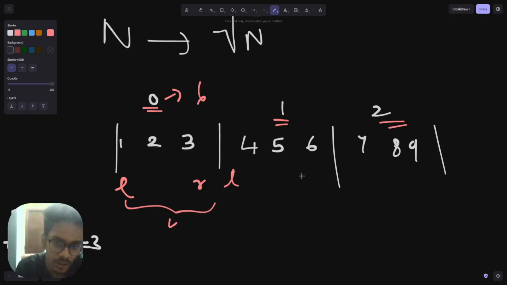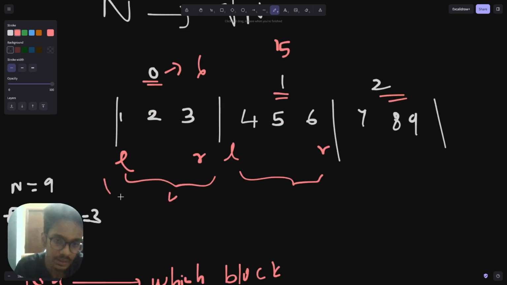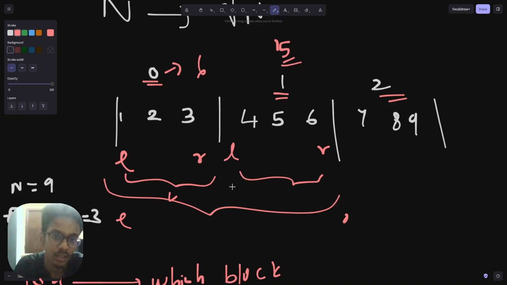If L to R is here, you can directly return 6 plus the sum of the next block, 9 plus 6, which is 15. Let's say L to R is here; you could directly return 15. If L to R was all the way till this block, then you could return 6 plus 15.